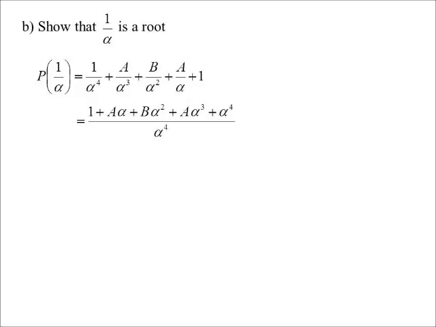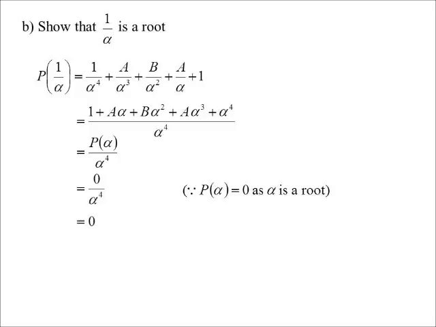We're now going to show that 1 on alpha is a root as well. Well, if I sub 1 on alpha into the polynomial, we want to show that this is equal to 0. Algebraic fraction, let's see what we got. Put it all over alpha to the power of 4, the top of the fraction. Well, hang on a sec. That's polynomial alpha on the top of the fraction.